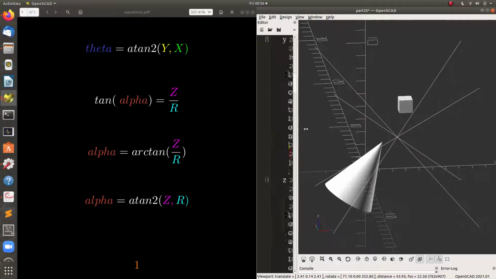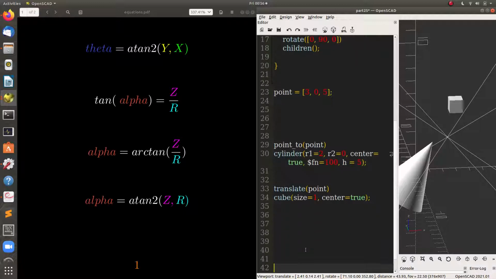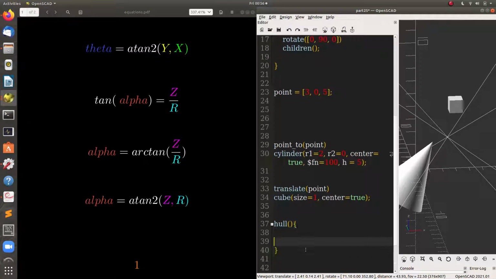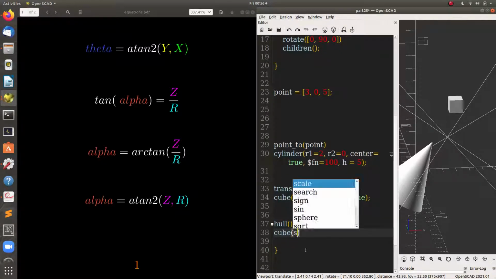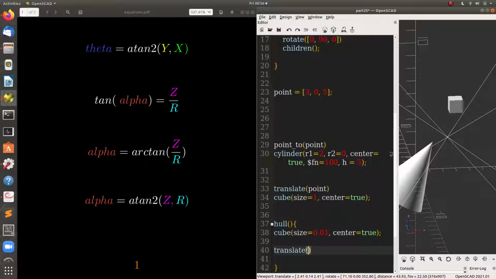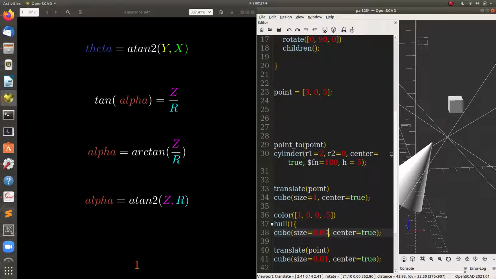So it clearly points at it, and I can even add a line to demonstrate it. Okay, it's a bit small, 7.5.